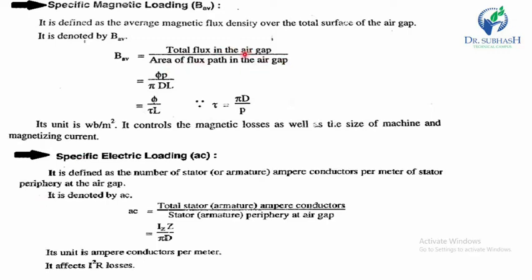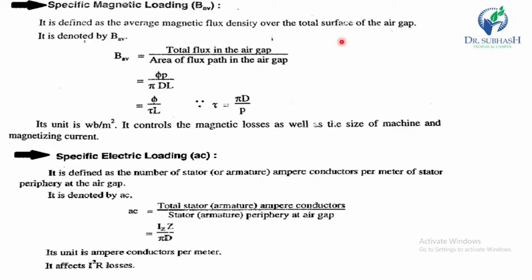Total flux in air gap means that in our machine there is a number of poles. So number of poles is P, and in each pole the flux passing is phi. So P into phi is the total flux or total loading on the machine, divided by the area of flux path in the air gap. Here area of flux path means area of rotor or area of stator.